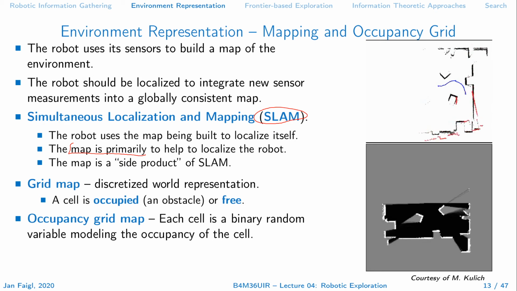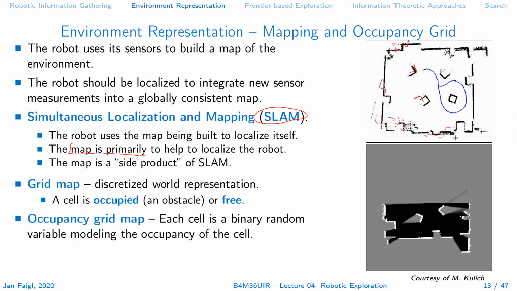The robot tries to find the best fitting transformation of this scan to the previously mapped points, and it actually estimates its movement, and once it is done, it can integrate the new sensor data into the map. Just to note, these red scans are artificially adjusted to highlight the effect of finding the transformation. In this case, it is iterative closest point, one of the simultaneous localization and mapping techniques.